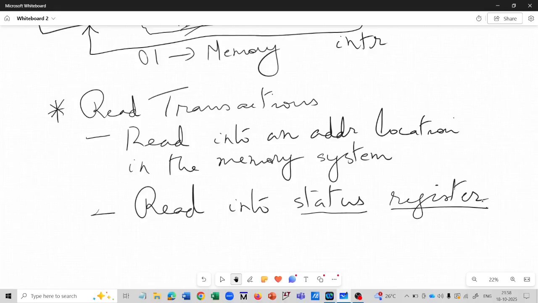So you can see that this also is a read. But it has to be remembered that this is not a read into the memory system. It is rather a read into the status register, which is available locally in the memory controller. So again, how will the decoding logic distinguish the read into the status register from the read into the memory system? Again, this is distinguished through the address.